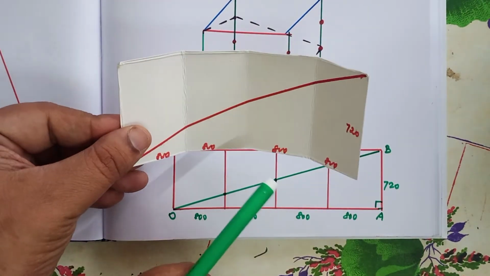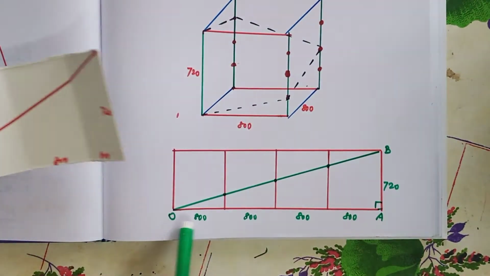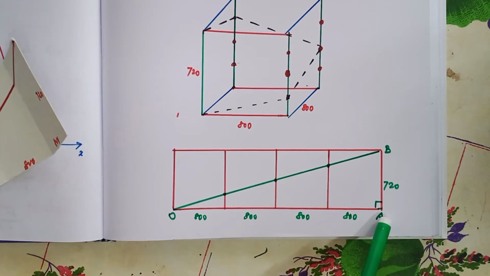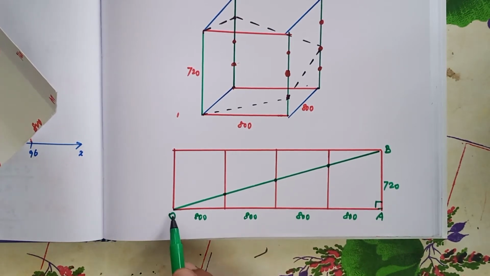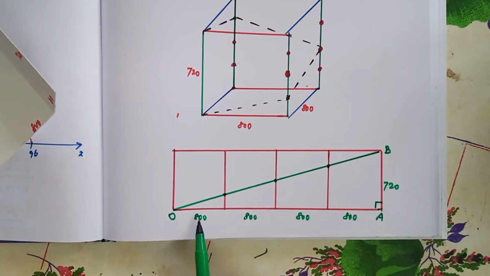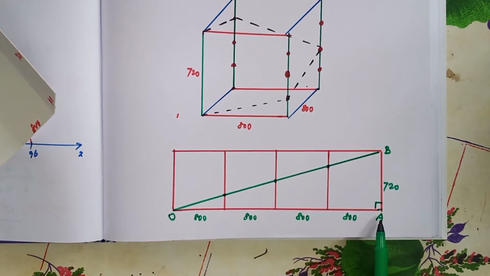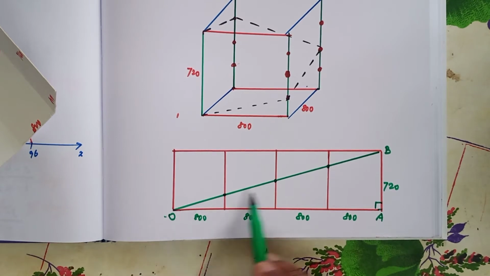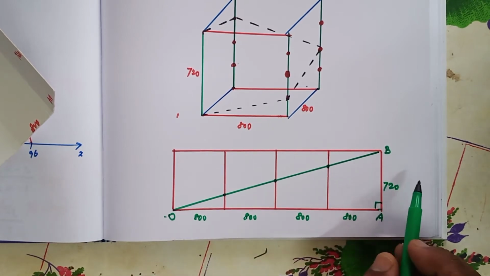What I have shown you, I have drawn here for easy understanding. So I consider this as O, A, B. The base is 800 plus 800 plus 800 plus 800, that is equal to 3200. Here 720. Now I am going to find the length OB using the Pythagoras theorem.